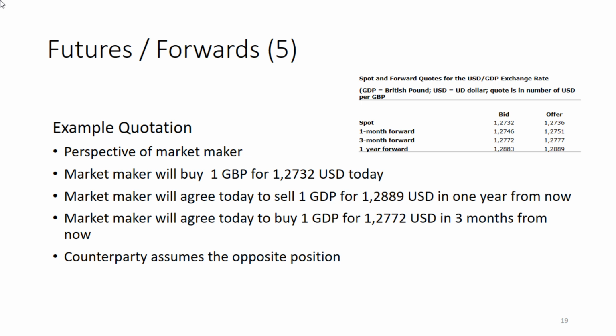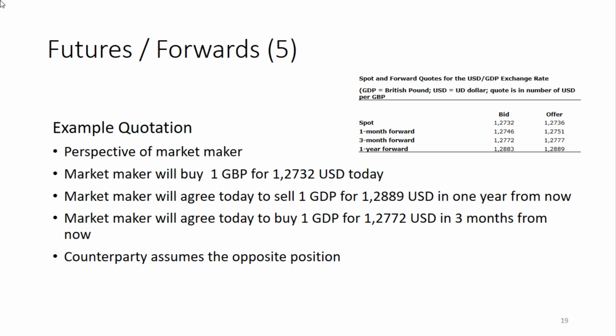So a market maker that sells against the high price, the offer price, and then you look to the third column to the number that comes with the 1 year forward rate, so it sells against 1.2889. So it's a commitment that both parties then will honor. And again, you as an investor take the opposite position, you buy forward in 1 year from now.